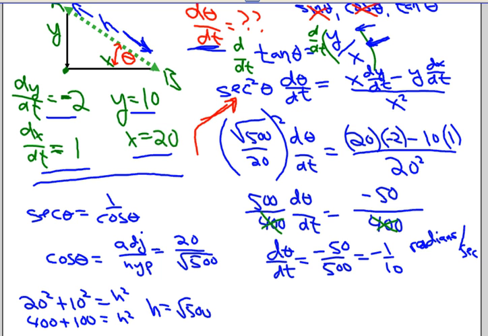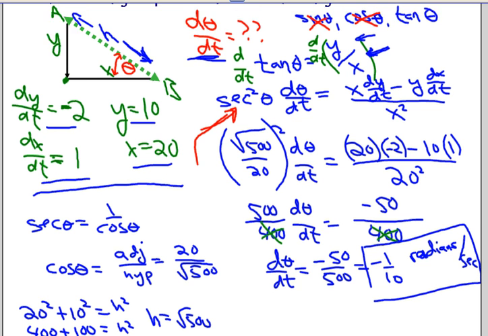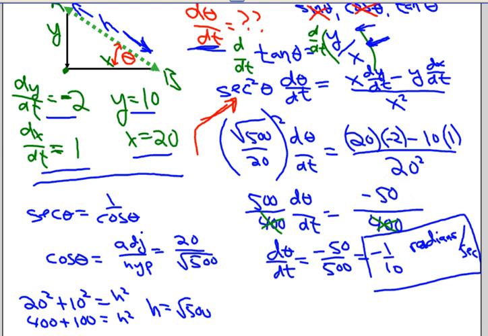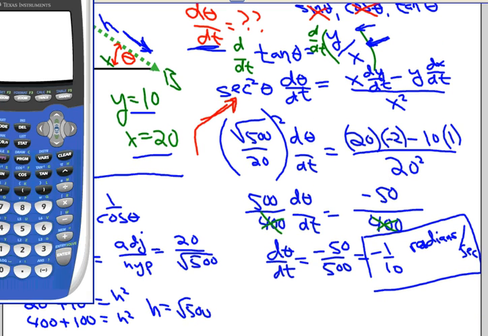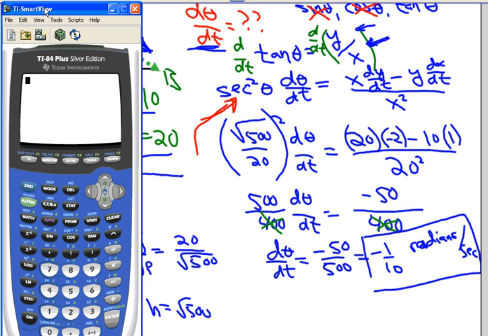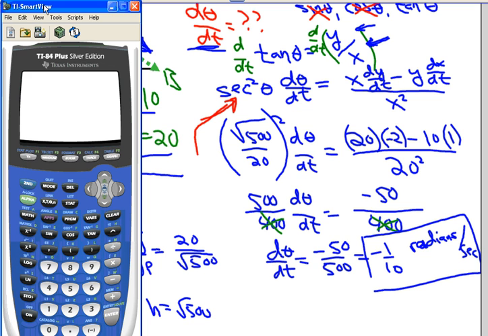Personally, I kind of like that answer, and I would be tempted to stay with that answer, negative 1/10 radians per second, except the book wants this in degrees per second to the nearest degree. So we bring out a calculator and maybe have some intuition into this. How big would 1/10 of a radian be? A radian is 57 degrees, so I'm going to guess 1/10 of a radian is 5.7 degrees.